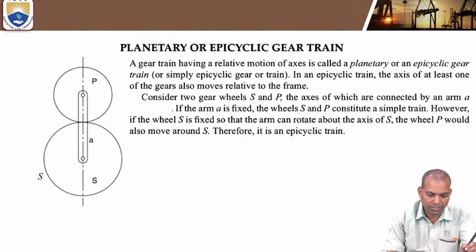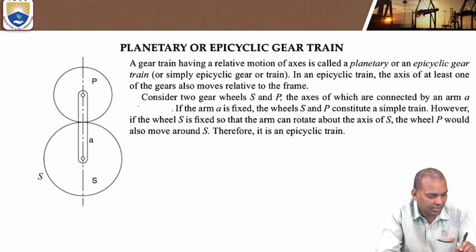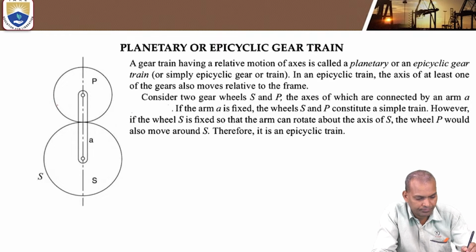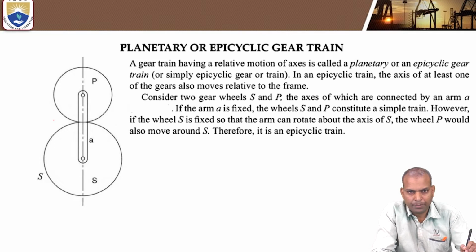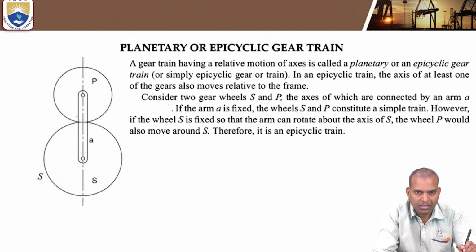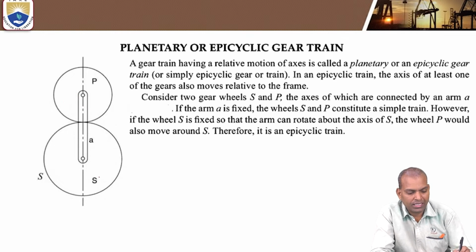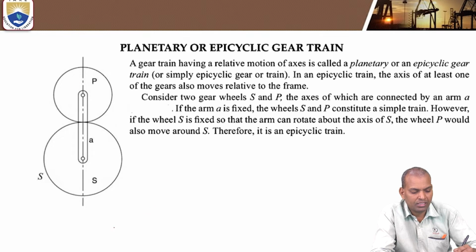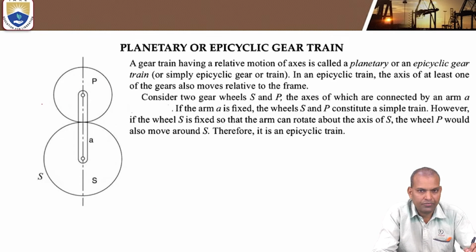The fourth one is called the epicyclic gear train or planetary gear train. It is a very important gear train in comparison to the others. Its speciality is that it is like a sun and planet gear train. When the sun is fixed, the planet will rotate around it; the P gear rotates on the circumference of the S gear.